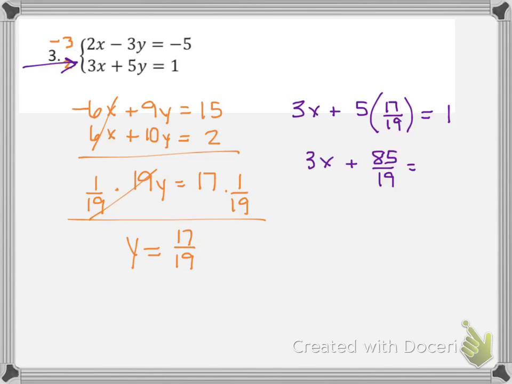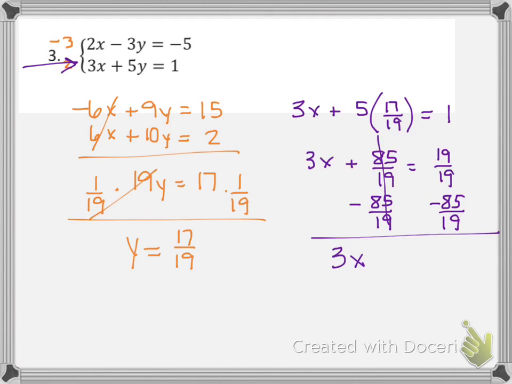So 3x plus 85/19 equals, I'm going to change this 1 into 19/19 because I know I'm going to have to subtract. I'm going to have to subtract 85/19 from both sides. That gives me 3x is equal to, well, let's see, 85 minus 19 would be 66. So this is a negative 66/19.